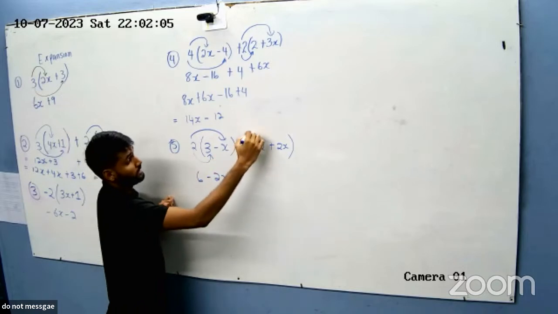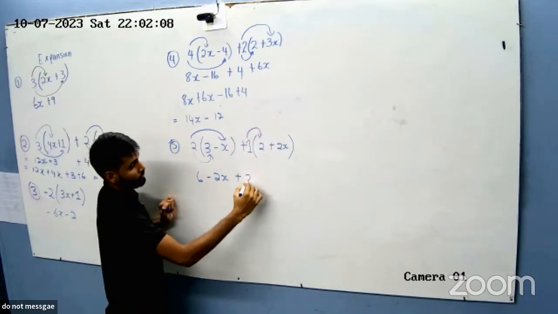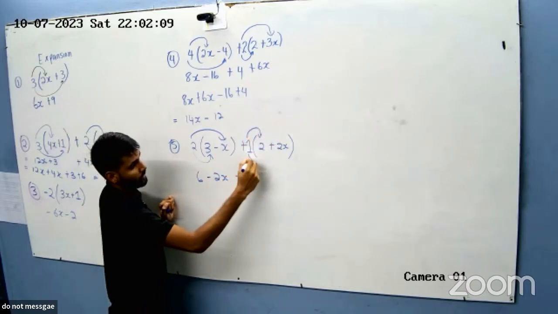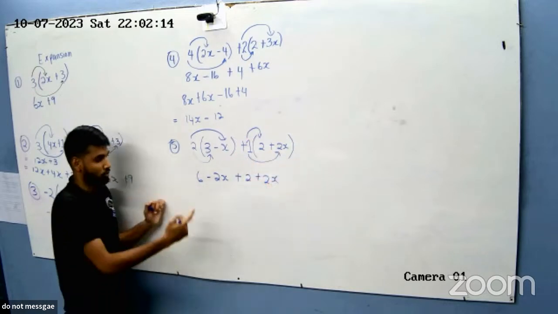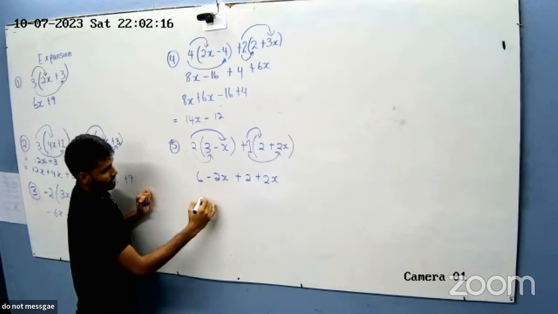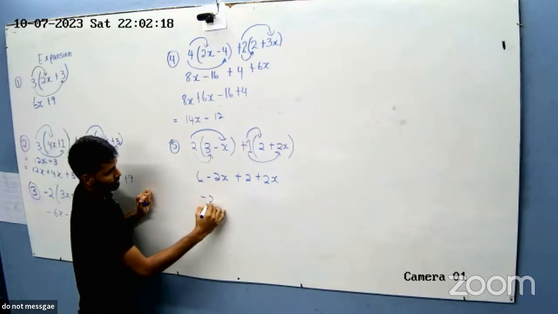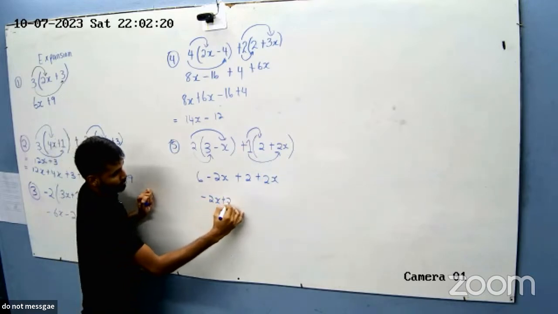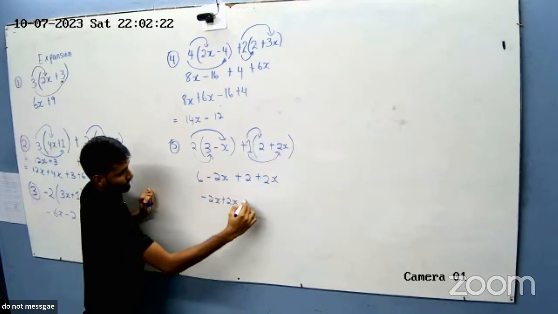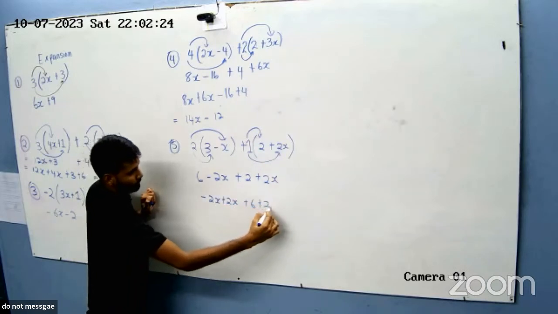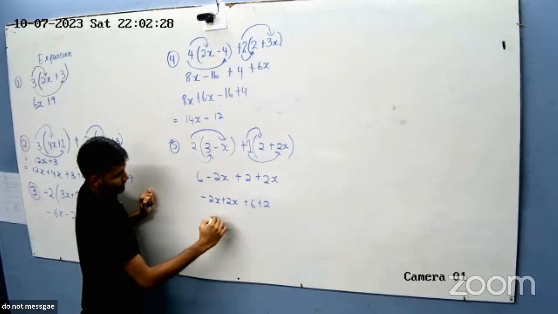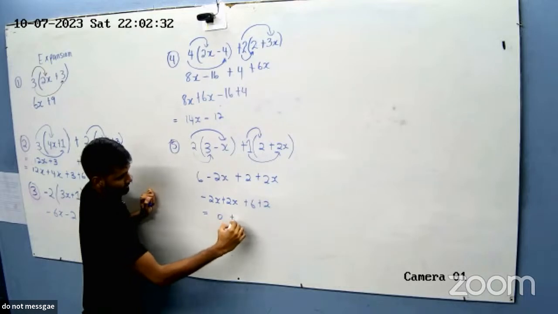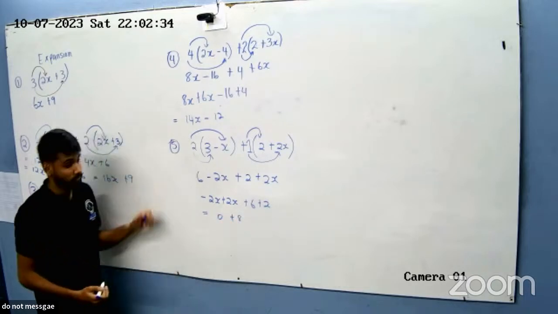So 1 by 2 is 2, and then 1 by 2x. Group the like terms together: minus 2x plus 2x plus 6 plus 2. You get 8, because the x terms are 0.